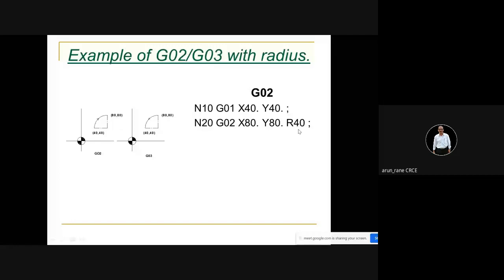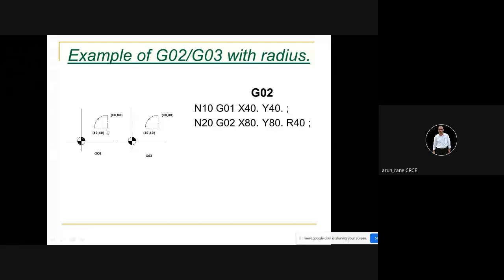Where is the center? The center point is on this axis only. So with respect to this, the center is 0, isn't it? So if I have to give the center in incremental sense, then it will be given as I40 and J0. So this block will become G02, then X80, and what is the endpoint? Y80, alright, and I will be 40 and J will be 0.